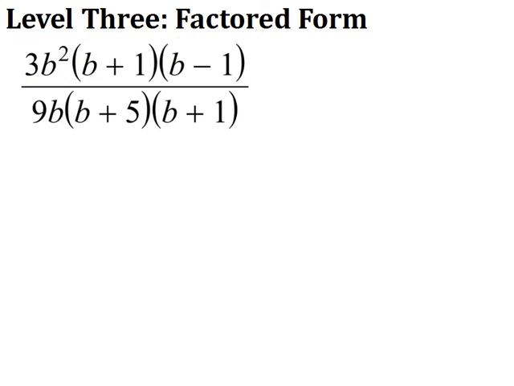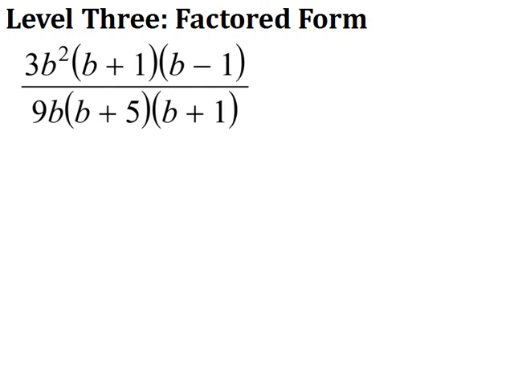Then you also have your factors in the denominator, 9b, b plus 5, and b plus 1. Those cannot be broken up. They are factors all by themselves. However, there is a way that you can start to simplify them.